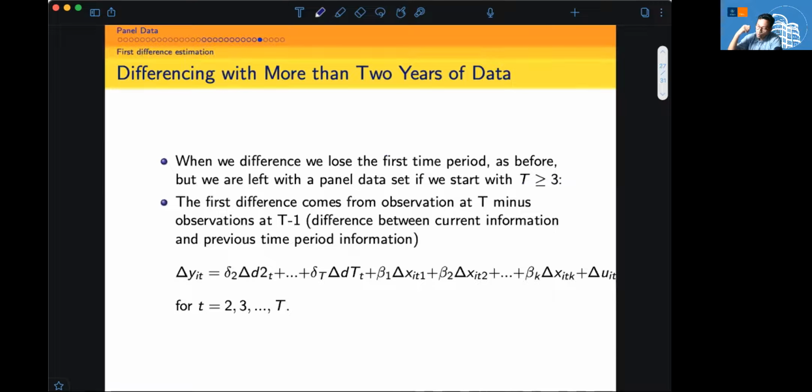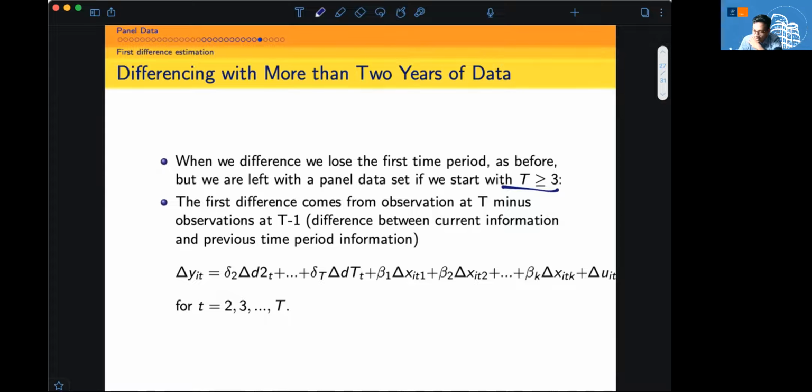So when we difference, we're going to lose the first time period as before, but we are left with panel data that starts with T equals 2 and so on. So the first difference comes from the observation at T minus the observation at T minus 1, the difference between the current information and the previous time period information.